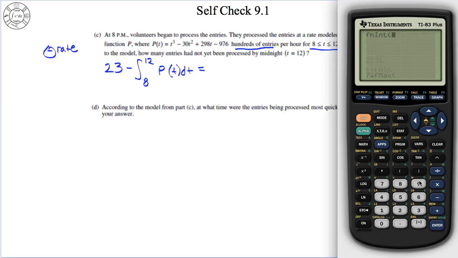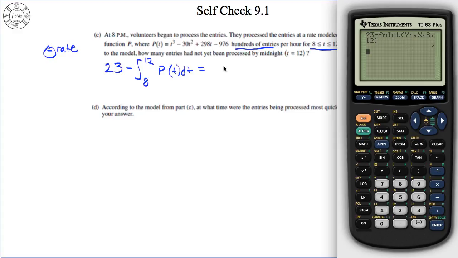So math 9 integral, I guess I should have done 23 minus this. Let me back up here. Let's do 23 minus math 9, 23 minus the integral of, oops, not 10, of vars right, enter, of y1 with respect to x from 8 to 12, and yeah, that'll just pop out a number.